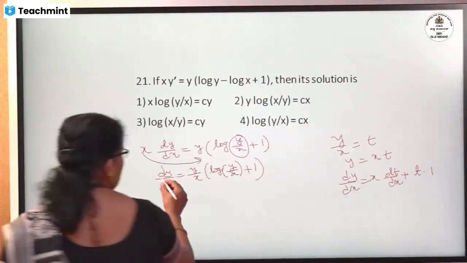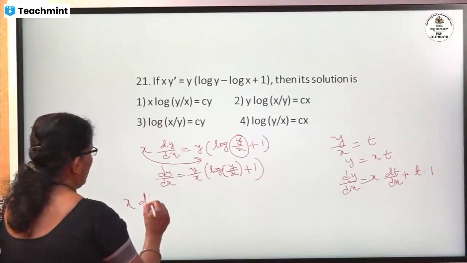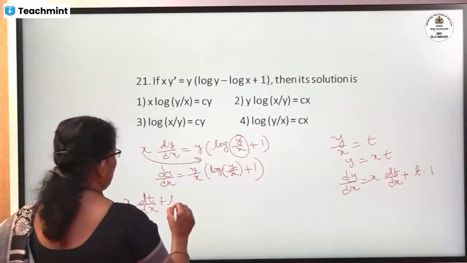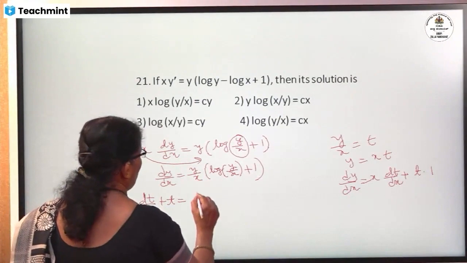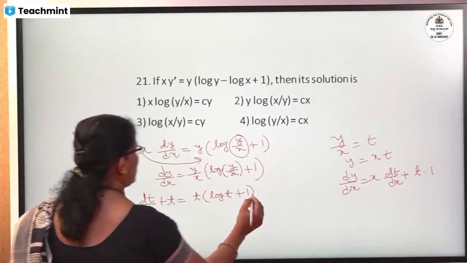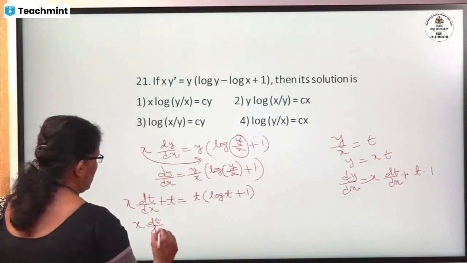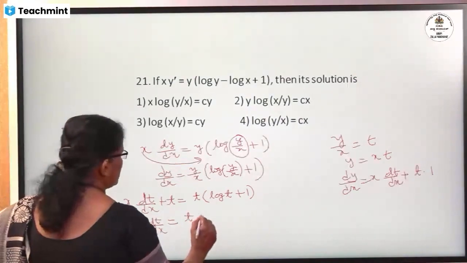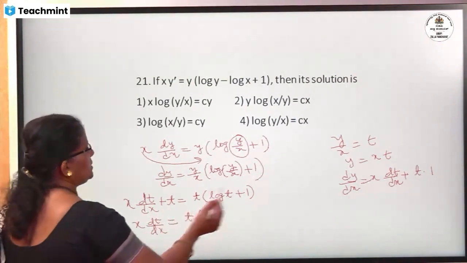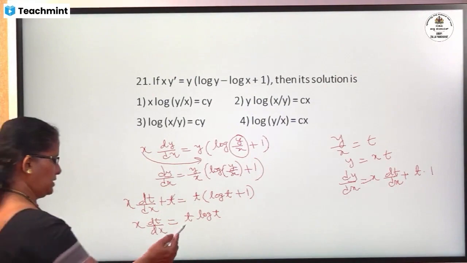So what I get, dy by dx is x dt by dx plus t equal to y by x, which means t into log t plus 1. So x into dt by dx will be t log t. Can you see that? This is t into 1, which will be t. That t and this t cancel. What remains is t log t.